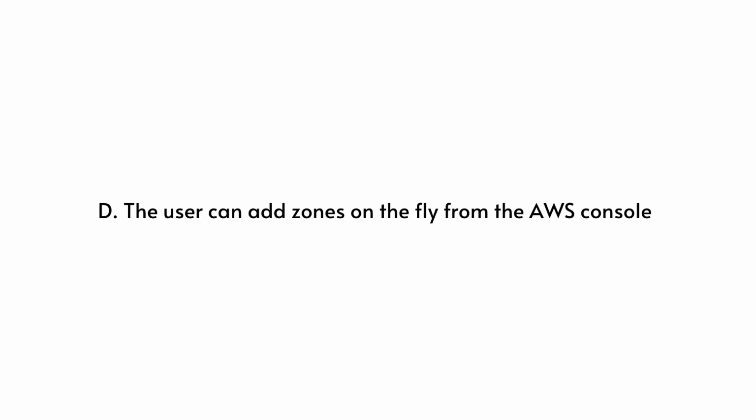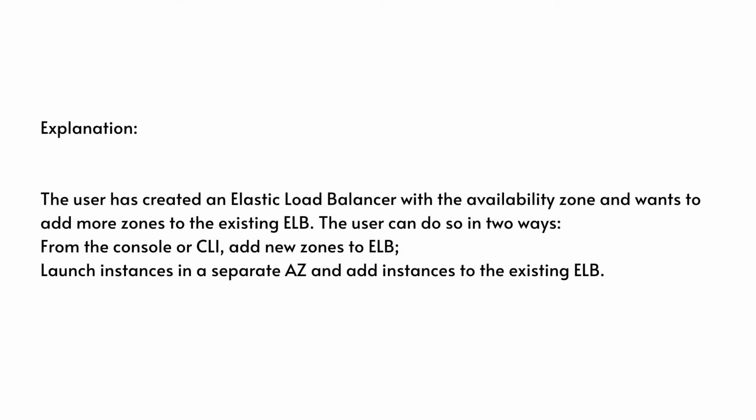The correct answer is D, the user can add zones on the fly from the AWS console. Explanation: the user has created an elastic load balancer with the availability zone and wants to add more zones to the existing ELB.